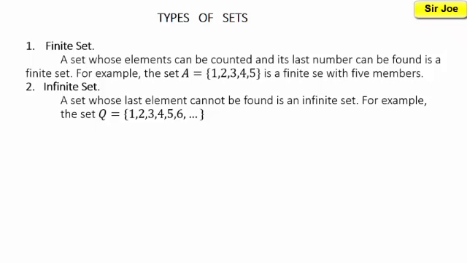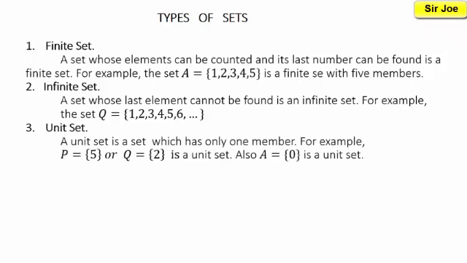Now the third one is what we call the unit set. A unit set is a set which has only one member. So if a set has only one element or one member, then that set is called a unit set. For example, P equals {5}.